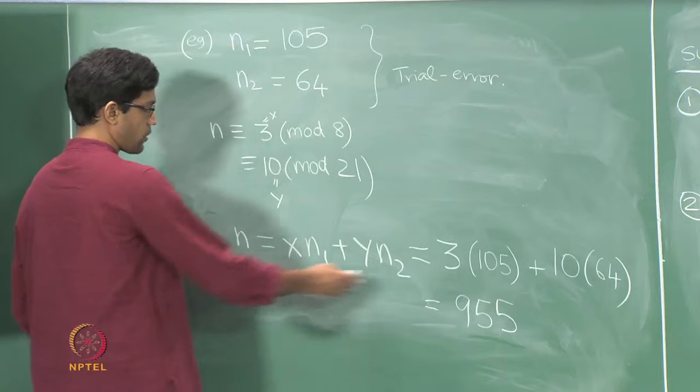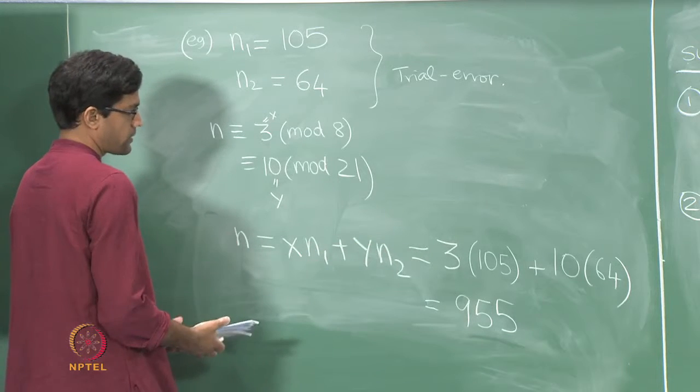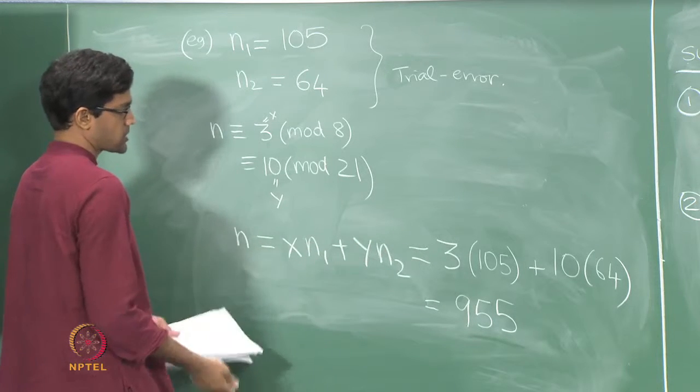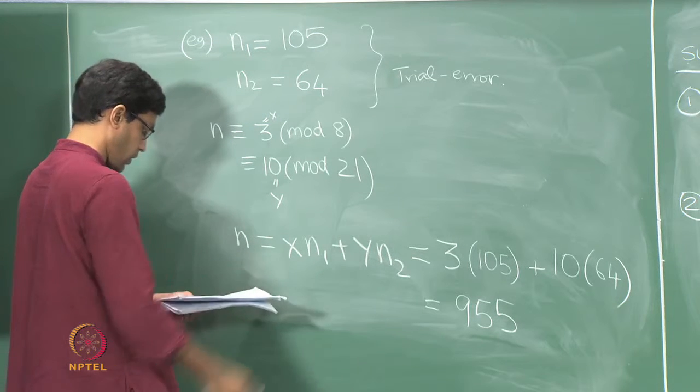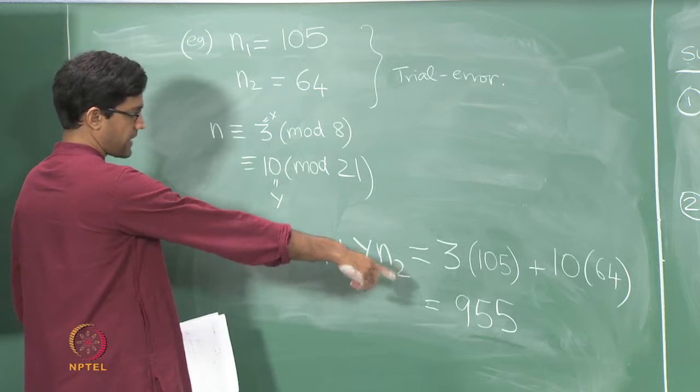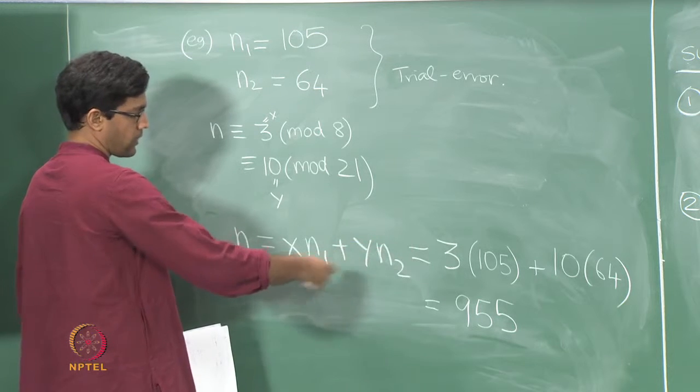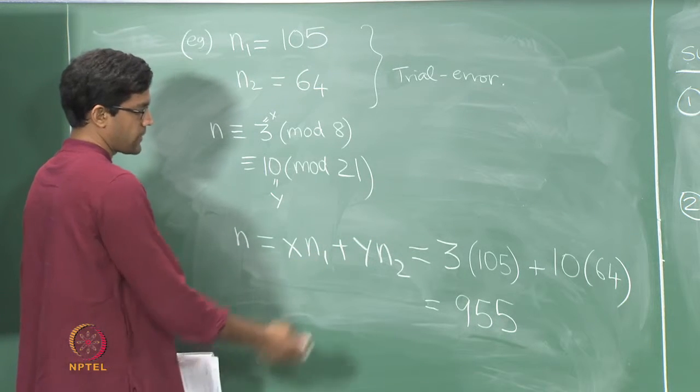If instead of any one solution you wanted the smallest natural number which satisfies these two congruences, you take 955, subtract out appropriate multiples of 168 and see what you get.